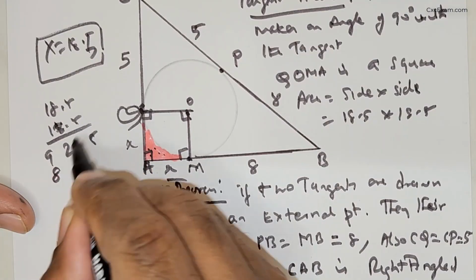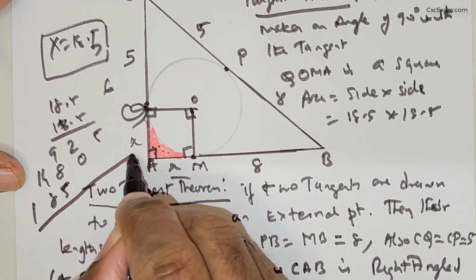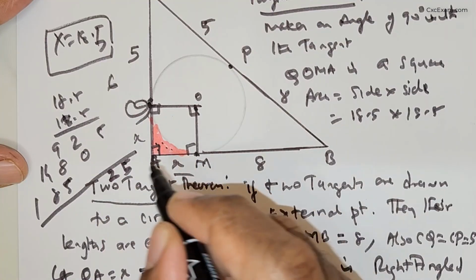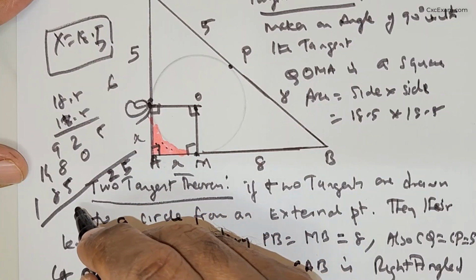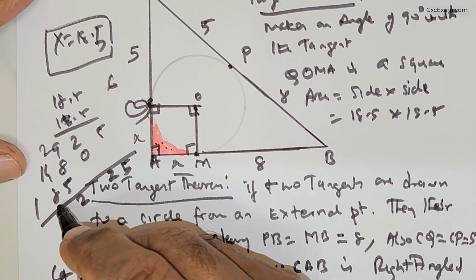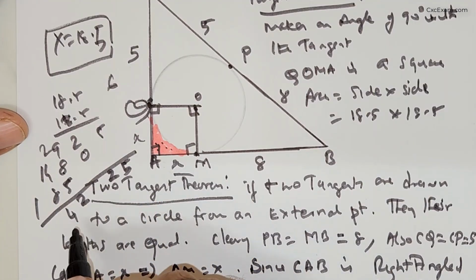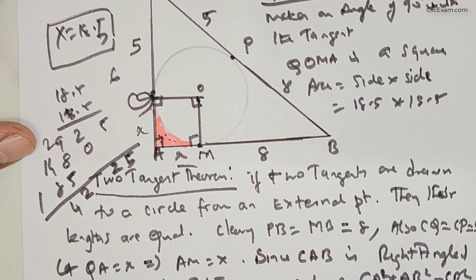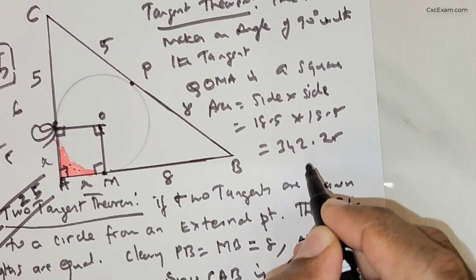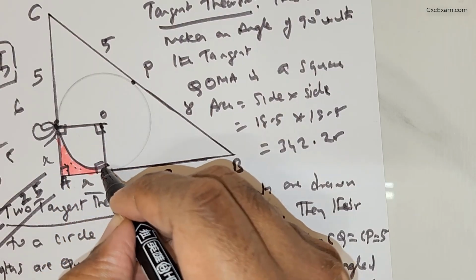You add these up and you get 342.25. So this is the area of the square, but we need the required region, right?